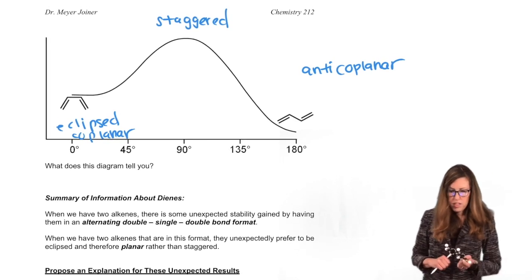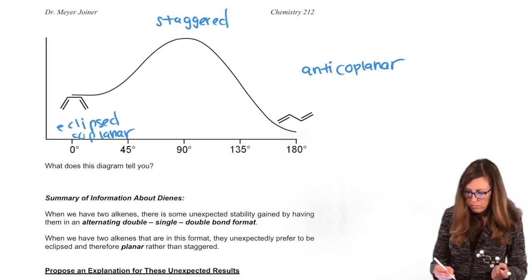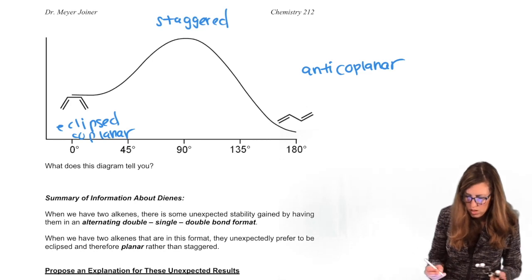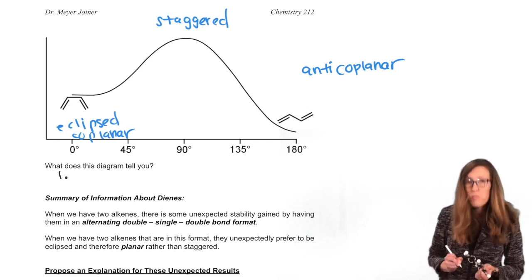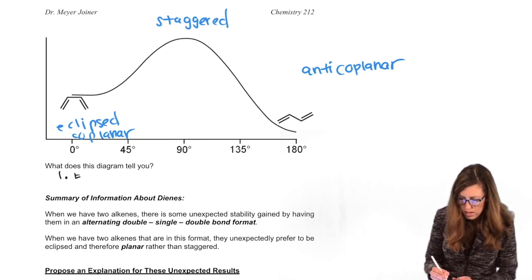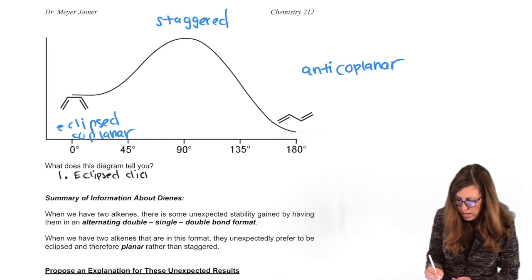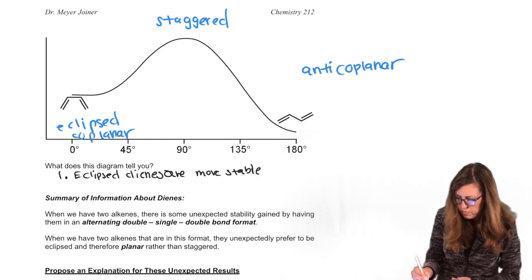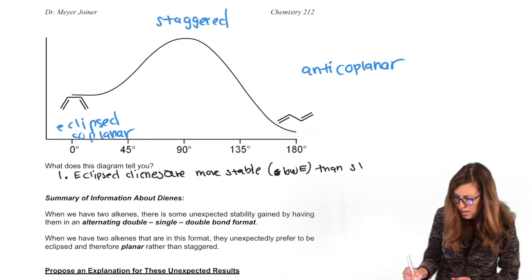Okay, let's summarize this right now. 1, the diagram told us, eclipsed dienes are more stable, lower energy, low E, than staggered.